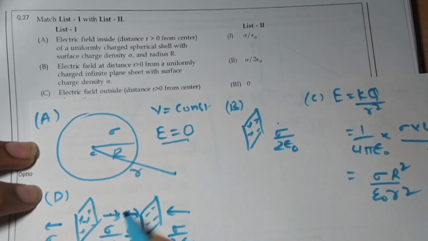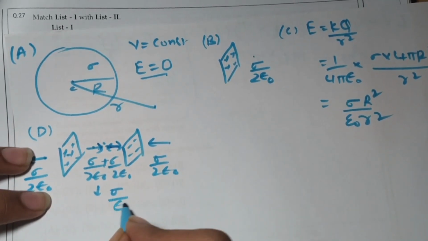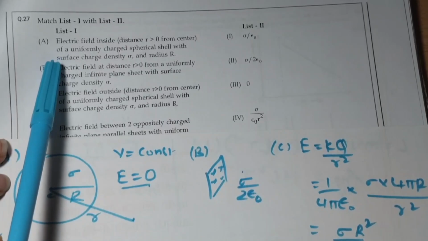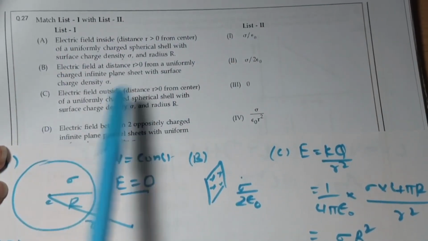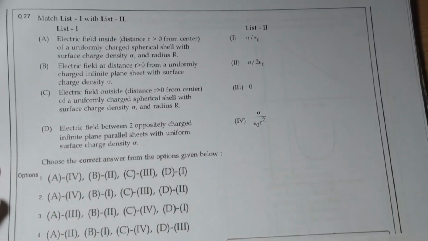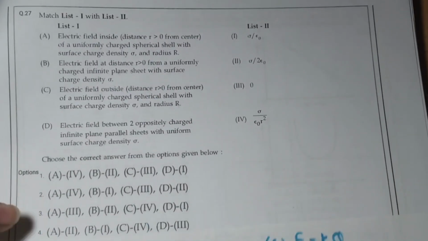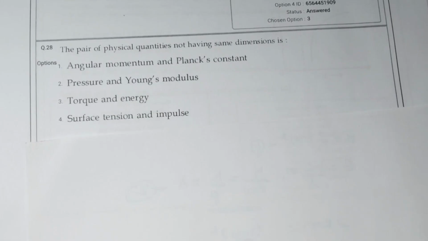So they are asking in between and at this point. That means both will be added, and we will eventually get sigma by epsilon naught. So option A 3, option B 2, option C there is no option, and option D 1. So we are having nearly option number 3 as correct. Okay, let us move to the next problem.